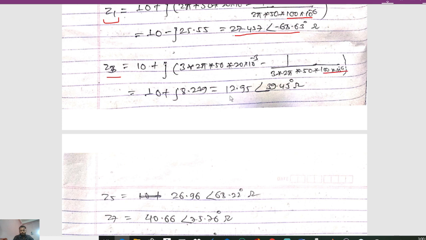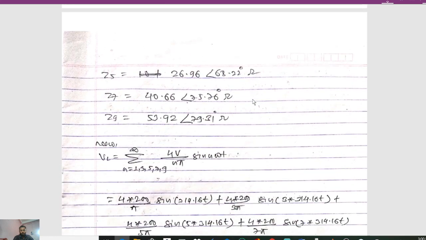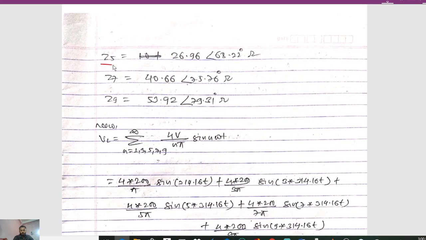On solving we get 12.96, and the angle will be 39.45 degree. Similarly Z5 will be 26.96 with angle 68.22 degree. Z7 will be 40.66 with angle 75.76. Similarly you can calculate Z9.